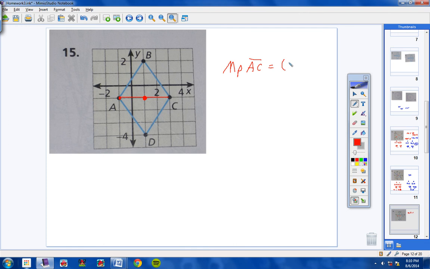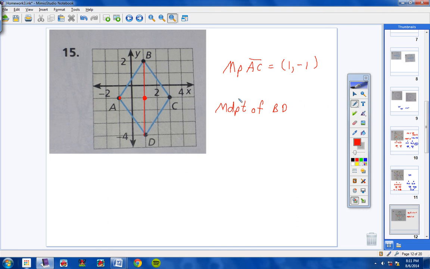Now let's find the midpoint of BD. If we just take our time here and do this carefully, we have the same scenario. Instead of having a perfectly horizontal line, we have a perfectly vertical line.